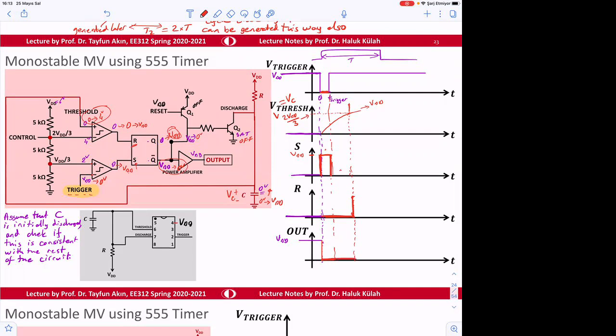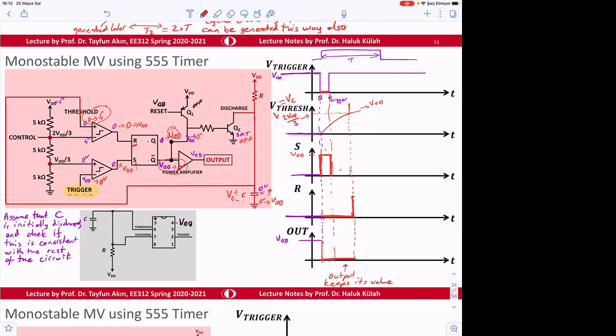Why? Because here output keeps its value due to that Schmitt trigger function of SR, okay?